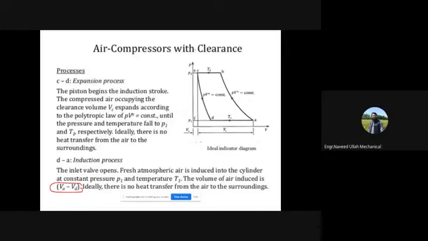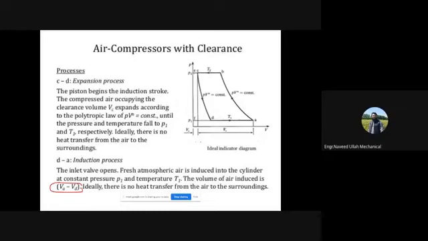Now from now onwards, remember that we have developed relationships and we discussed about different things for the previous case, and that case was reciprocating air compressor without clearance volume. ठीक है? तो अब हम with clearance volume करेंगे ना, we will not be going into too much detail, but we will be just changing and altering those relationships. ठीक है?